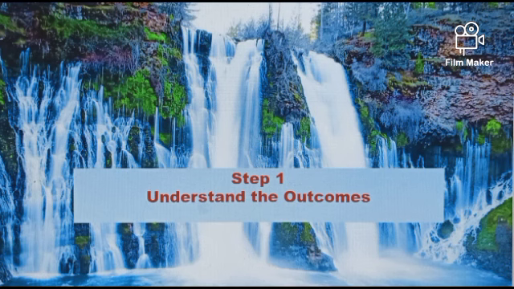Particularly in step 1, the teacher must be able to describe what the students need to achieve. Number 2, the teacher must collect and create samples that model the learning, what the learning looks like.